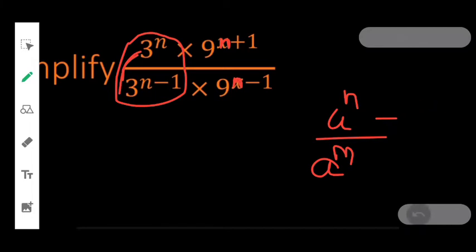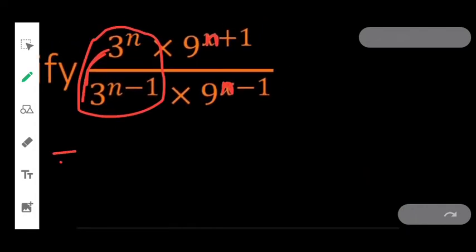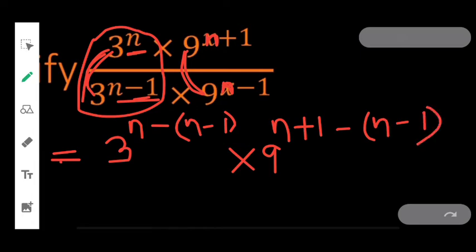Okay, so here the base is 3, and the exponent is n minus (n minus 1). Here the base is also the same, that is 9, so this will be (n plus 1) minus (n minus 1).